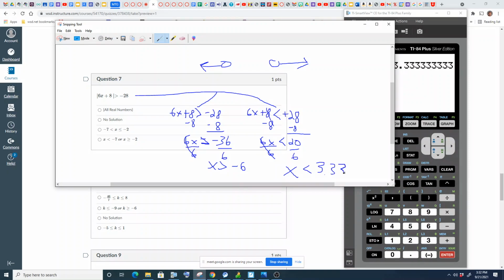So those are two answers, which, wow, we don't even see up here. What's going on, right? So if we're going to do this on a number line, we would do x needs to be greater than negative 6. So that would be this direction, negative 6. Also, we have x is less than 3.333.